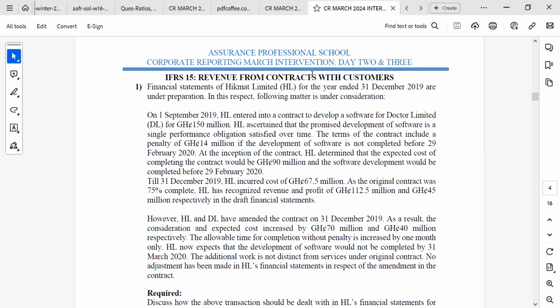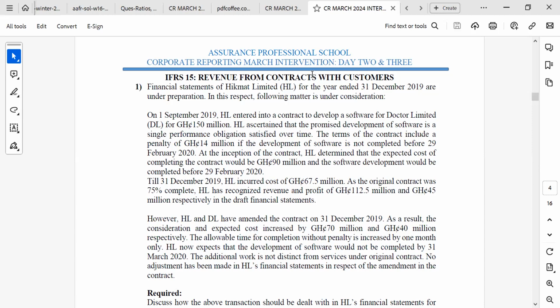Till 31 December 2019, HL incurred cost of 67.5 million, as the original contract was 75% complete. HL has recognized revenue and profit of 112.5 million and 45 million respectively in the draft financial statements. However, HL and DL have amended the contract on 31 December 2019.